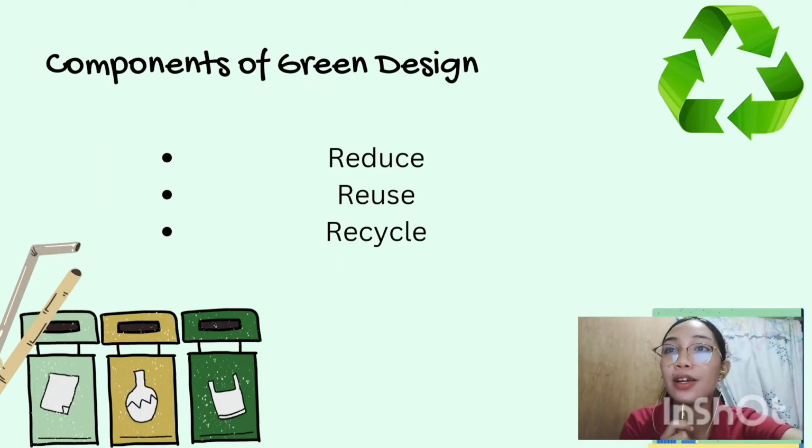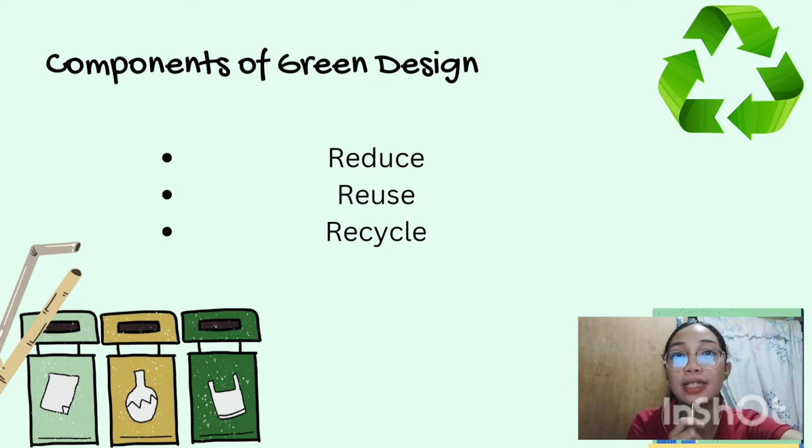So there are three primary components of green design. We have reduce, reuse, and recycle. I think most of us here already have an idea what these three components are. So when we see reduce, it's the concept wherein we redesign a product to use less materials.